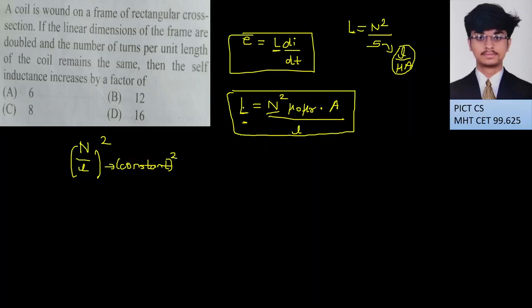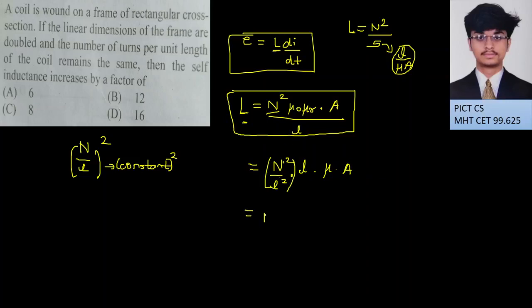So I'll try to make n upon l whole square here. I have n square, but in denominator I have only l. So what I do is I multiply and divide by l. Mu 0 mu r, I write as mu into A. Now is it okay? See, n square, l l will get cancelled. Basically these both terms are the same.